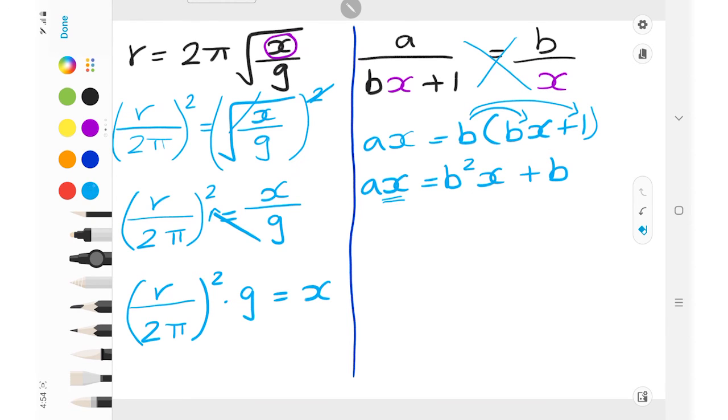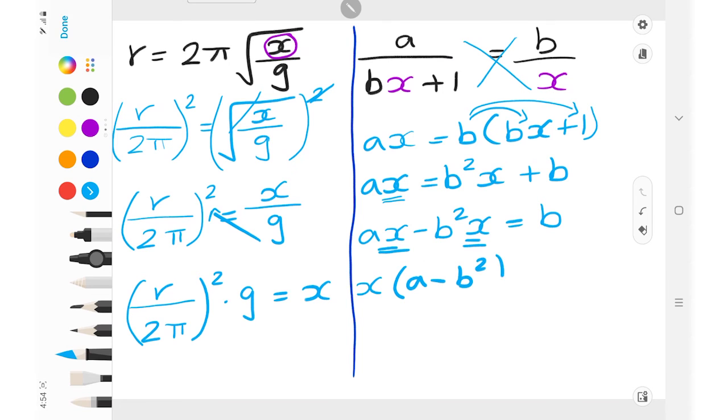So here. Now I have two x's. So what I will do, I will bring them together. I will leave the b alone and I will bring b squared multiplied by x beside the ax. So now I have x here and x here. So I can take x as a common factor. Here a will stay and here b squared.